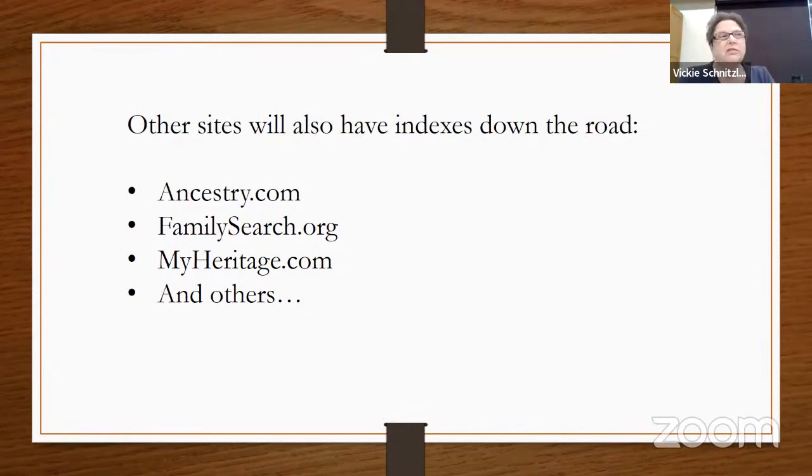As with the 1940, we were helping index that for a while. It got done a lot faster than probably any of the other indexes had, but it still took a little while to get that one done. So those are some sites that you might want to check out. And again, the links are there. Next slide, please.